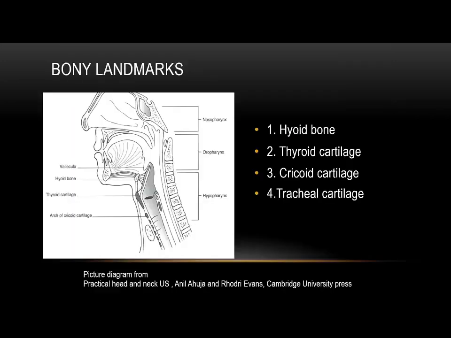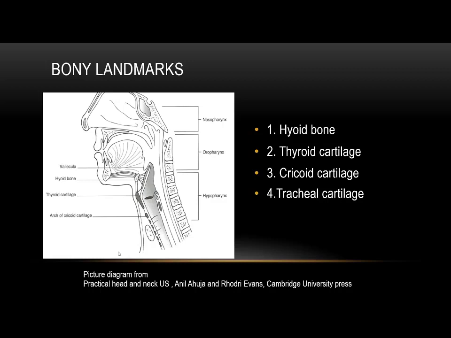In order to start scanning, we have to know the basic landmarks that we need to recognize during ultrasound. When we scan up and down, we don't know what level it is. We commonly use the bony landmarks of the neck to indicate which level you are scanning. The basic bony landmarks of the neck you have to remember are these levels.